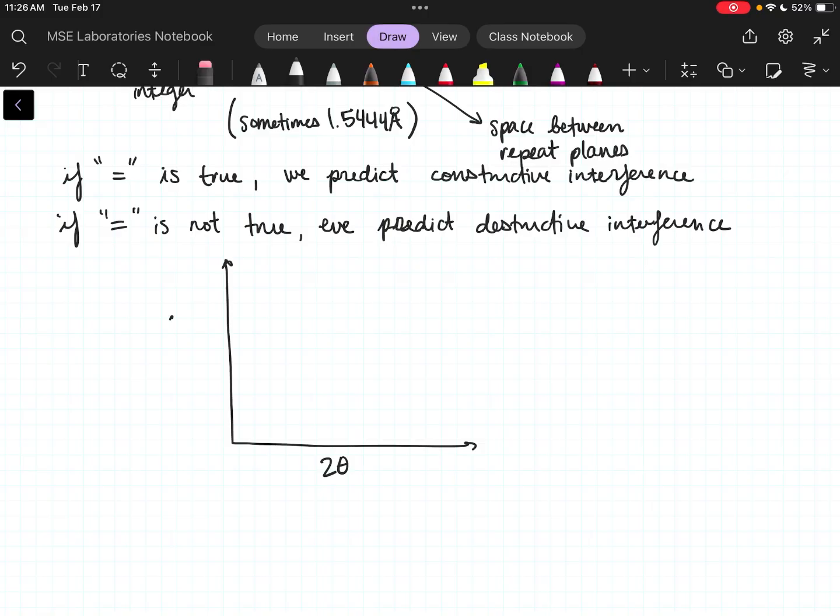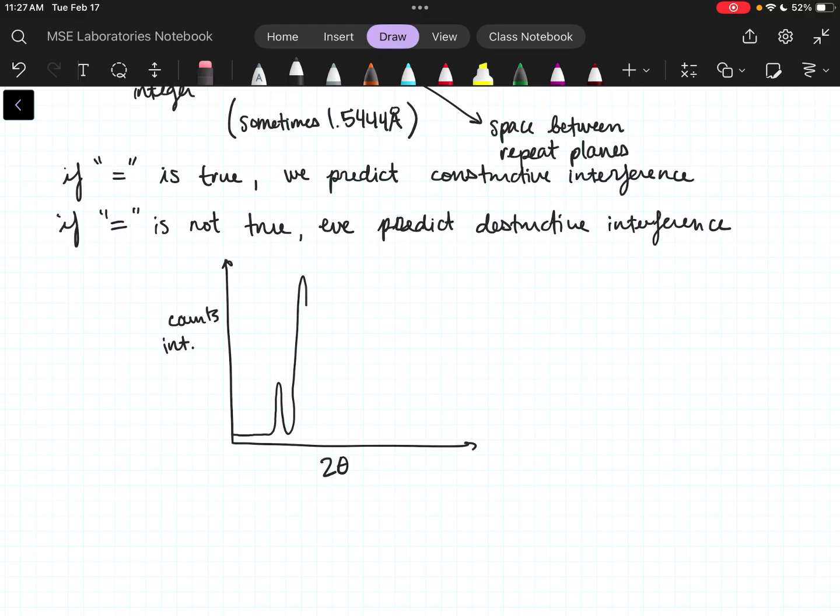So we usually put our X-ray as a 2 theta on our x-axis, so that's that omega plus theta. And our y-axis is going to be something like counts or intensity. It's basically how many X-rays the detector received. Constructive interference is going to be really high, so we're going to end up with jumps up.